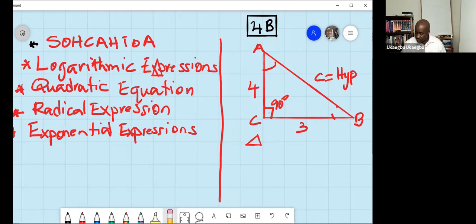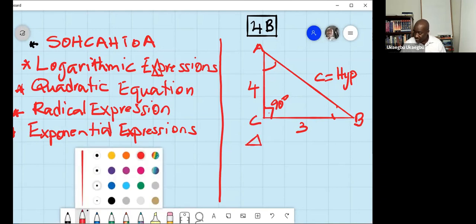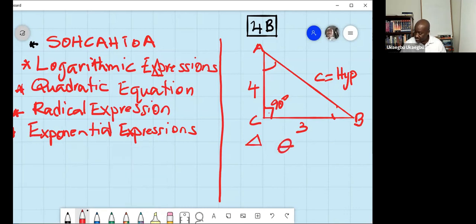So I can write this and call it theta. Now the given angle is theta. The side that is facing the given angle is called opposite. The other side, apart from the opposite, is called adjacent.